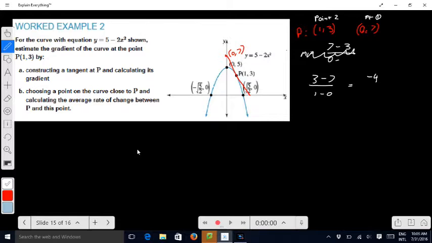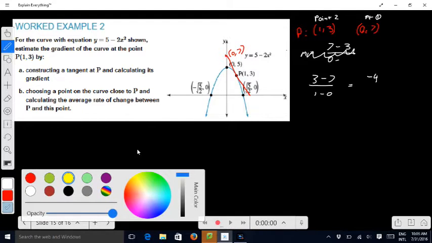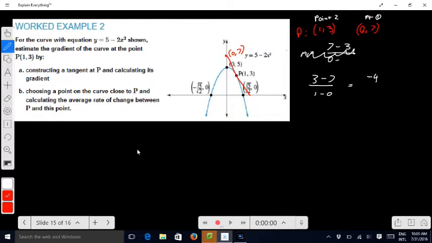Part B: choosing a point on the curve close to P and calculating the average rate of change between P and this point. This is using the second method. We know that point P is 1, 3. A point that's close to P, we might choose as very close, which would be 0.9, or we can do 1.1, something like that.